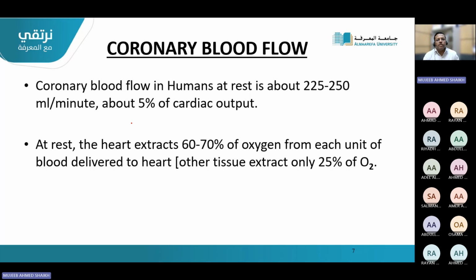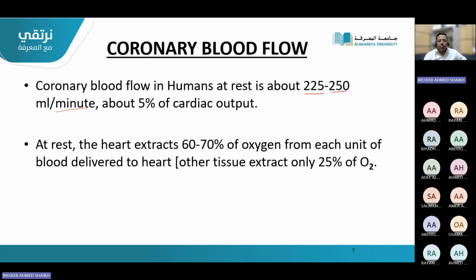Physiology of coronary circulation. Coronary blood flow to the human heart at rest, when you are not doing anything, sleeping or sitting down, relaxing. At that time, around 225 to 250 ml of blood is supplied per minute.